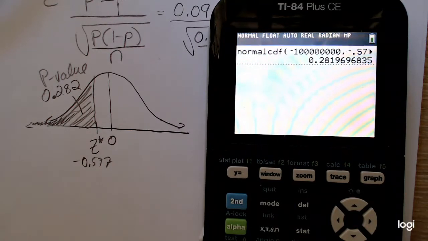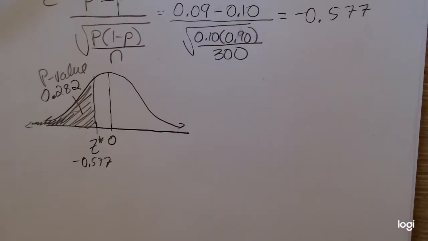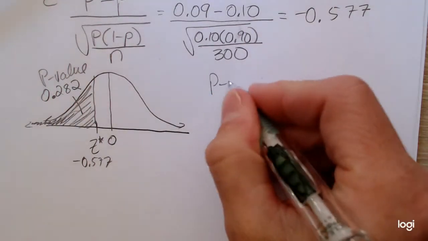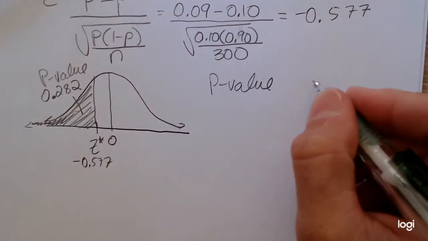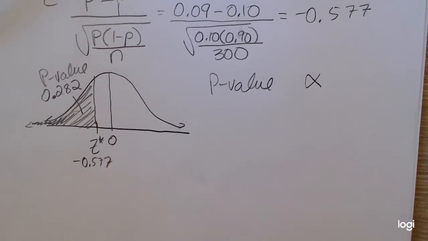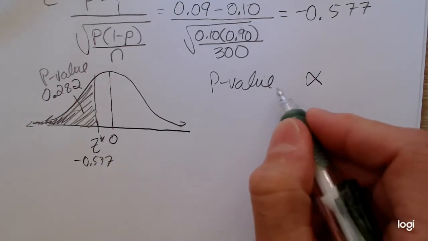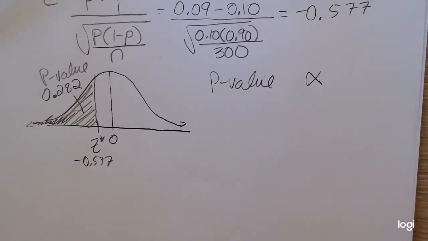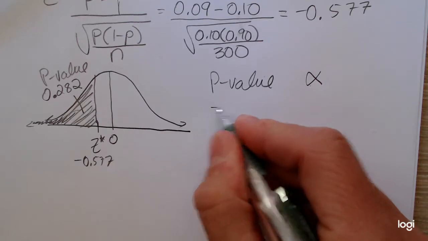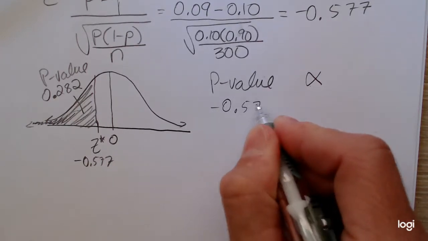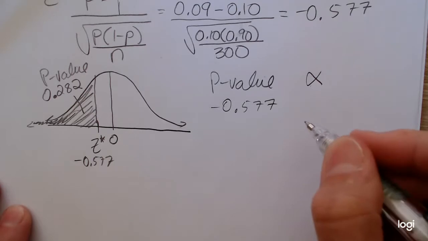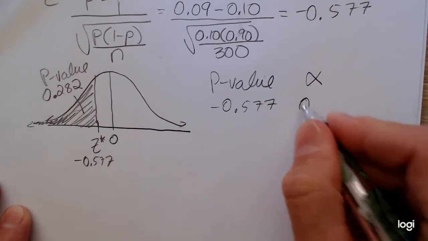Okay, so to make a decision with the p-value method, our p-value will be compared to alpha, our level of significance. Alpha is also an area, it is also a probability. When your p-value is greater than or equal to your level of significance, then you are going to fail to reject the null hypothesis. So I have my p-value of 0.577. The level of significance stated in the problem was 0.10.